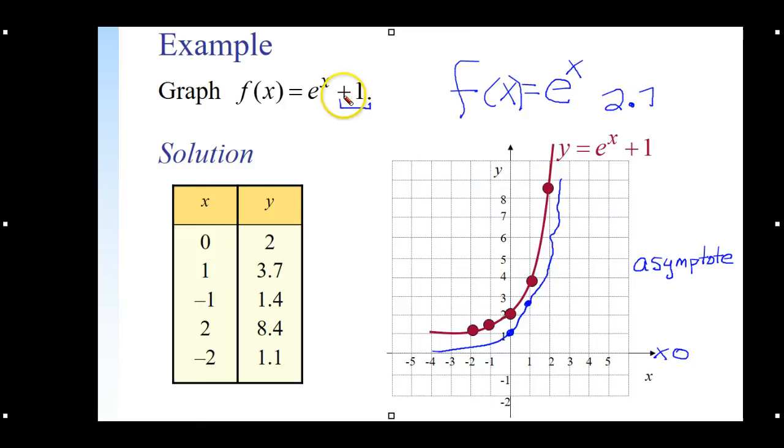Now, when we put a plus 1 in there, it shifts the asymptote up 1 more unit, up to now a 1. And again, it never quite reaches 1. And we see that there.